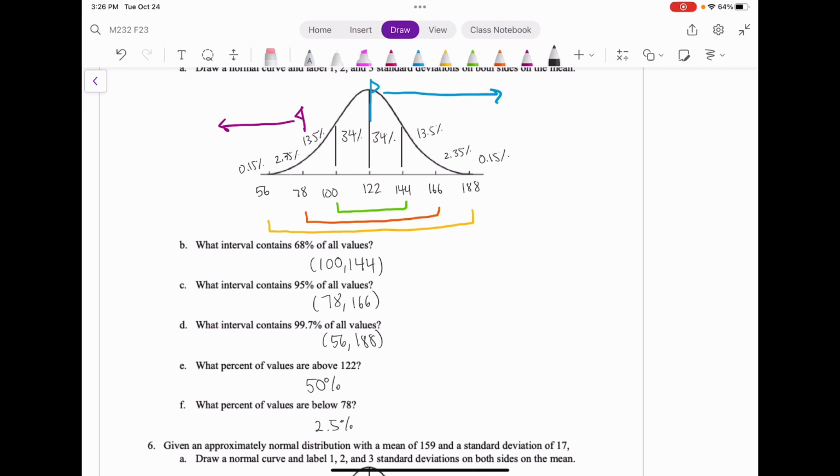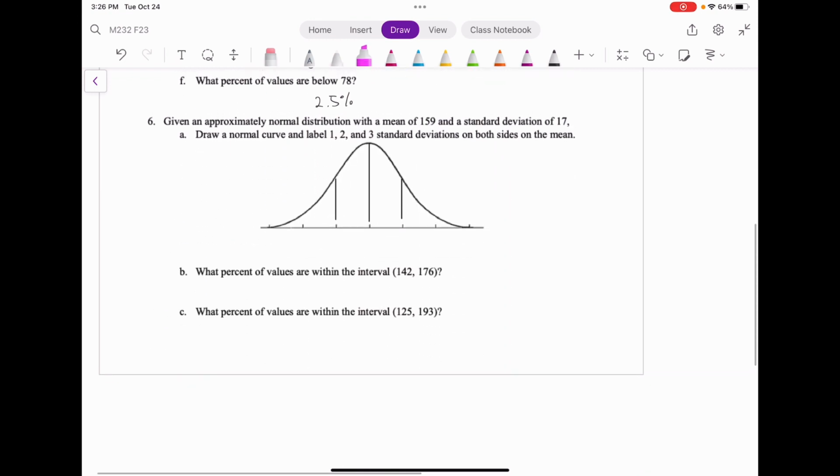Same approach for question 6. We have a new mean and standard deviation. The mean is 159, the standard deviation is 17. Same percentages. Putting the mean in the middle, adding the standard deviation of 17, I get 176, 193, 210.